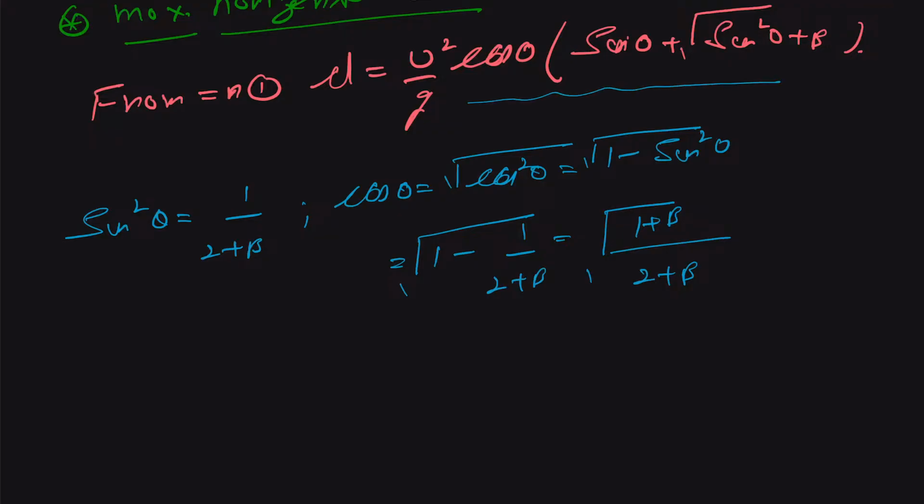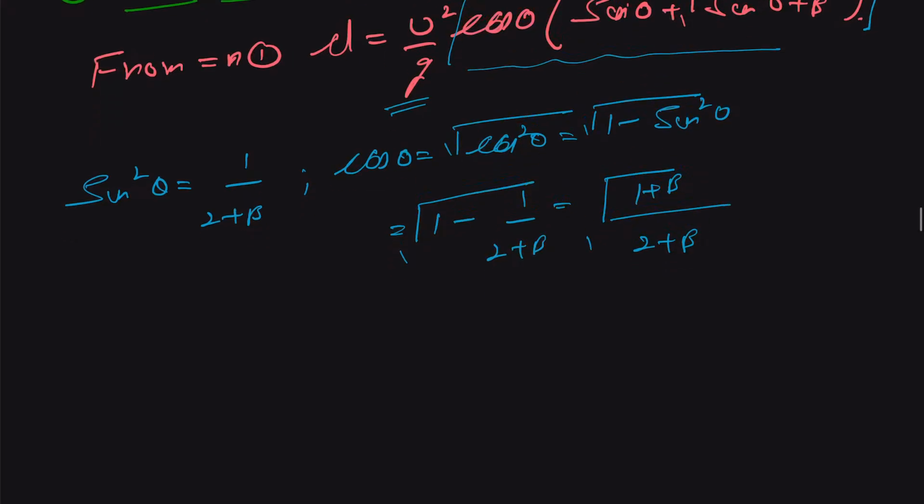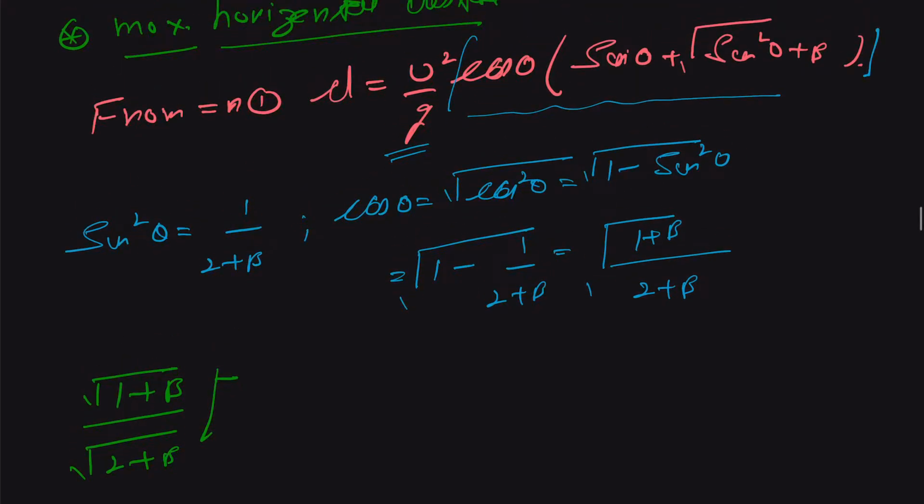So we are only going to concentrate on this part. Later on we can multiply by v square by g. So cos θ is the square root of 1 plus β divided by the square root of 2 plus β. And inside we have sine θ, which is 1 upon the square root of 2 plus β, plus we have the square root of sine square θ, which is 1 upon 2 plus β plus β.